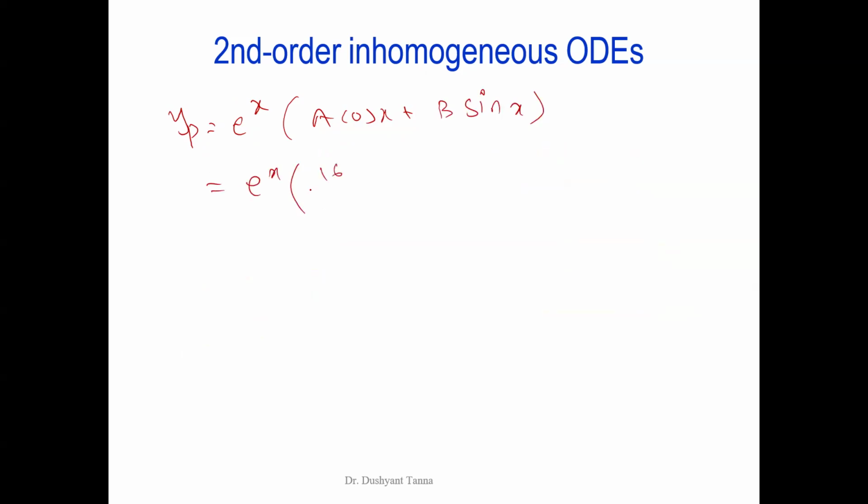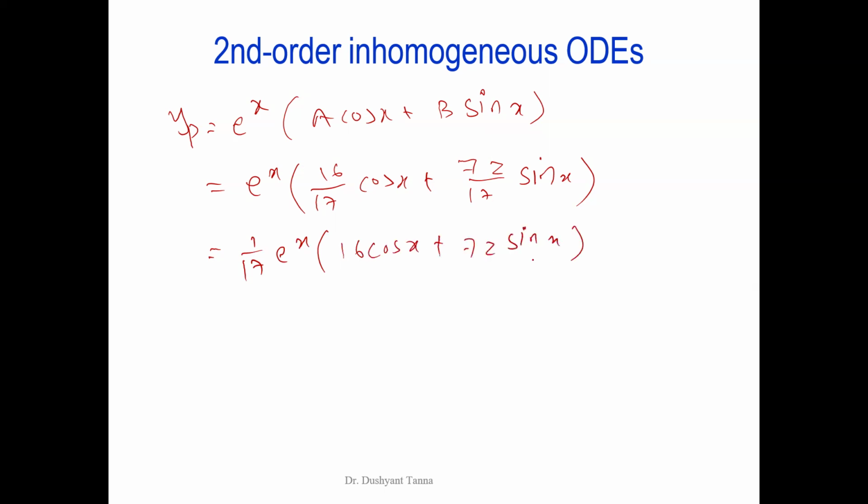So our yp was e raised to x, a cos x plus b sin x. A is 16 over 17 and b is 72 over 17. Keep 1 over 17 outside, so 1 over 17 e raised to x, 16 cos x plus 72 sin x is our yp.